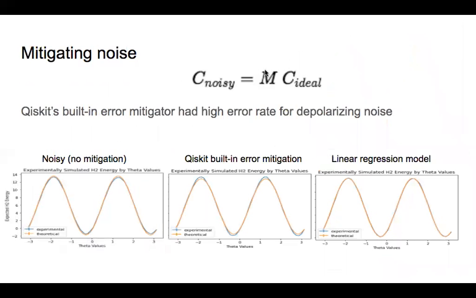So Qiskit, which is the proprietary language that IBM gives developers to interact with their quantum computers, has a built-in noise model. And that noise model does not use machine learning, but rather it uses this matrix algebra formula, which you see at the top.